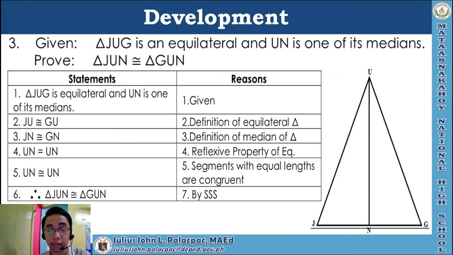Dahil kapag pareha silang equal, reflexive property yon, we can also say that UN is congruent on UN. Segments with equal lengths are congruent. So, kung mapapansin nyo, tatlong side ng isang triangle is congruent on tatlong side ng kabilang triangle, we can conclude that triangle JUN is congruent on triangle GUN by SSS.